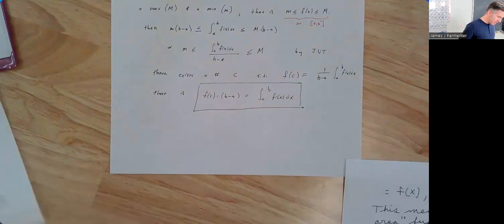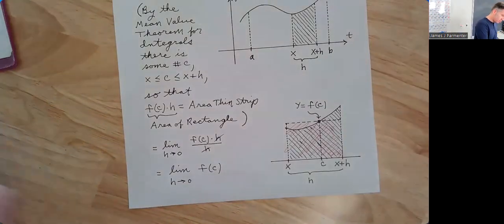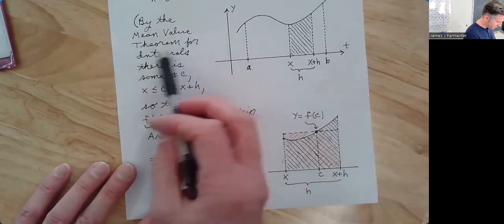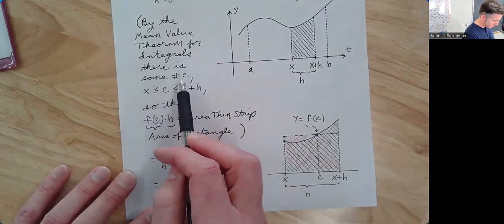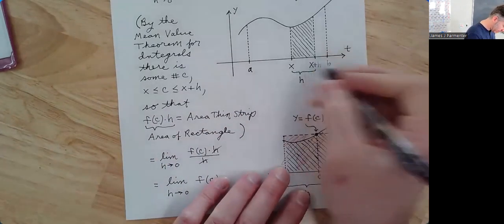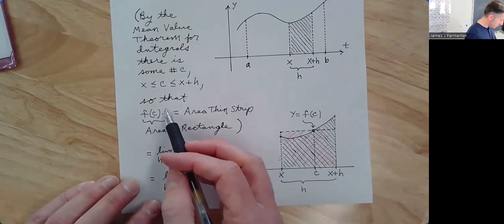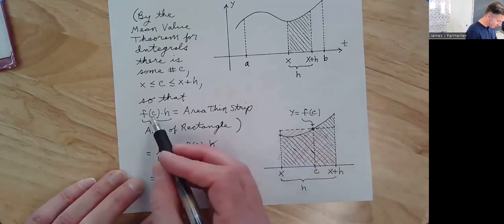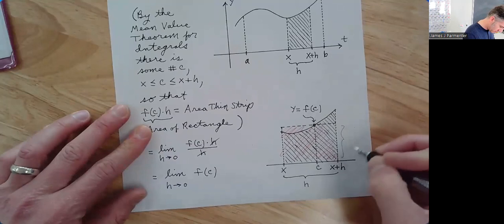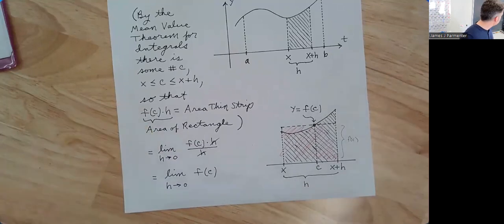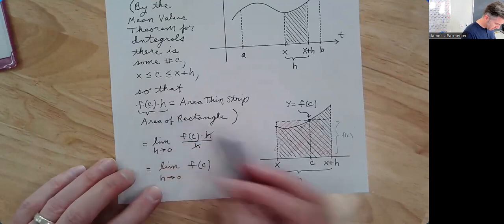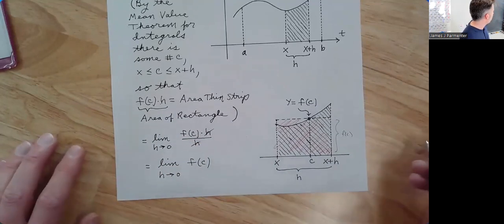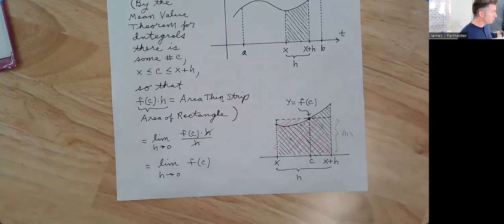So what this says then is that, as we just said, by the mean value theorem for integrals, there has to be some number c, and c lives between x and x plus h, so that the area of the rectangle, that is f of c, the height, times h, the base, is equal to the area that's shaded, the area of this thin strip. Okay, that seems right. We just said it twice already, so it seems reasonable.